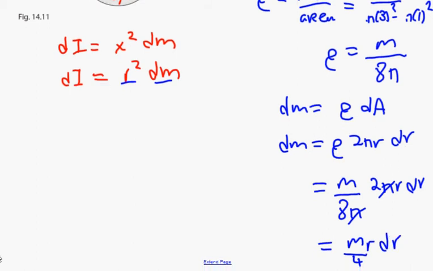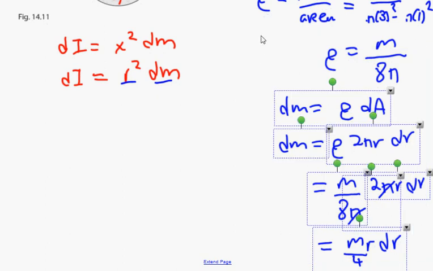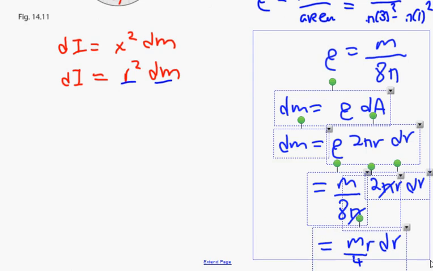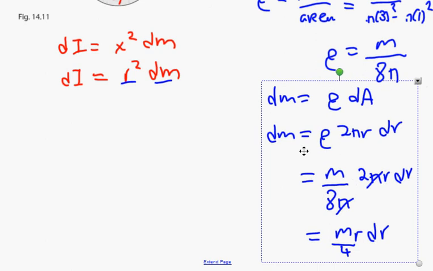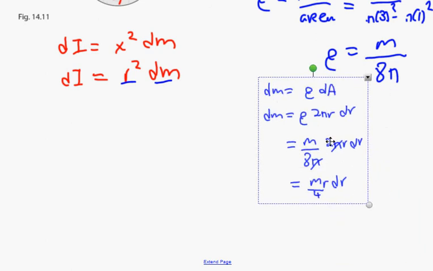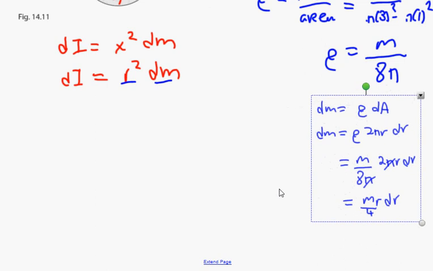Okay, just try to neatly put that in there so everybody can see it.